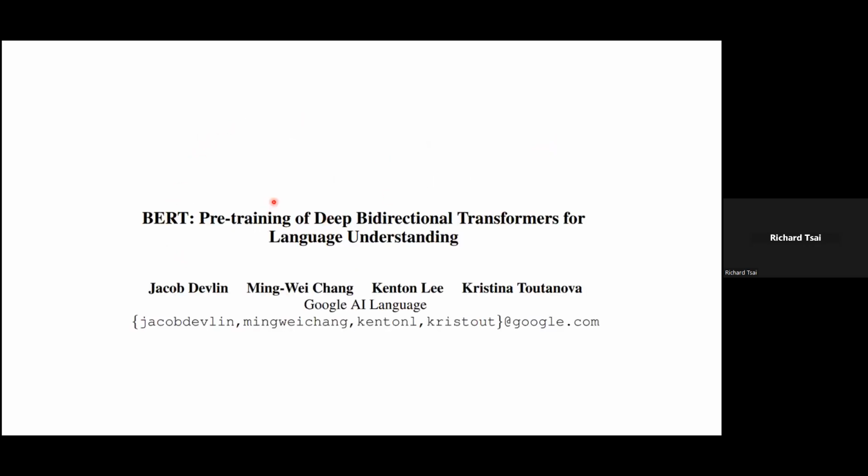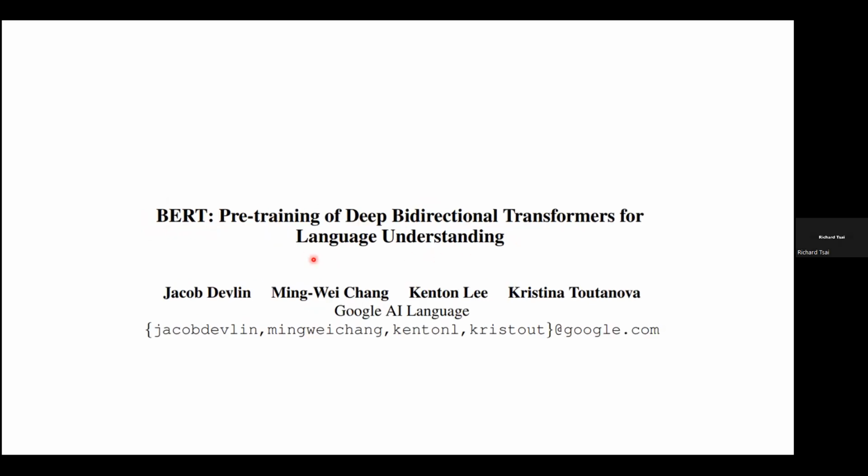Indeed, the research team authored a paper titled BERT: Pre-training of Deep Bidirectional Transformers for Language Understanding. This paper introduced the BERT model, which made significant advancements in the field of pre-training models for language understanding tasks by utilizing the transformer's bidirectional encoder.